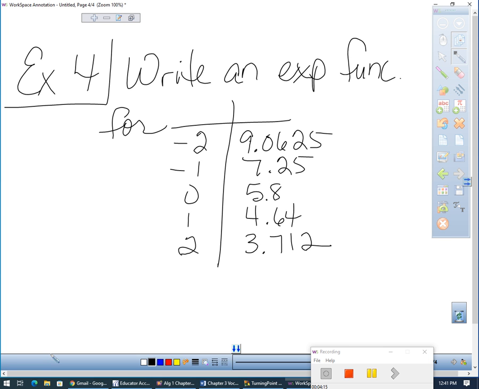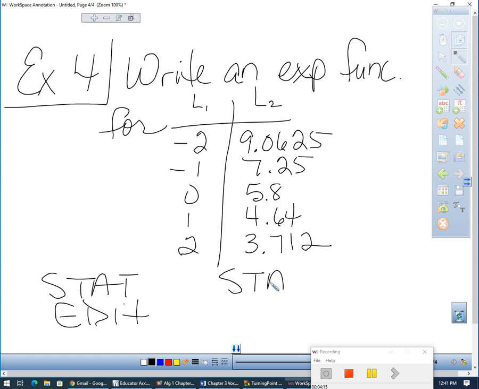But if I give you a table with a list of x's and a list of y's, what do you think we're going to do? Plug in the calculator. So we're going into stat, into edit. As if we don't do this all the time, right? This is list 1. This is list 2. Then you're going back into stat, over to calculate, and you've got to go down to exponential reg, which is like 10 or 0 or something.